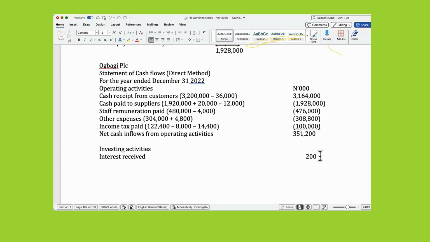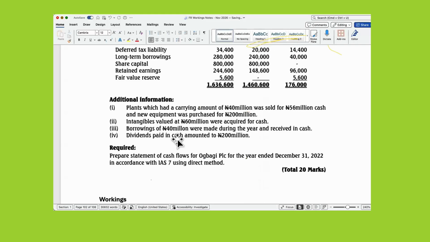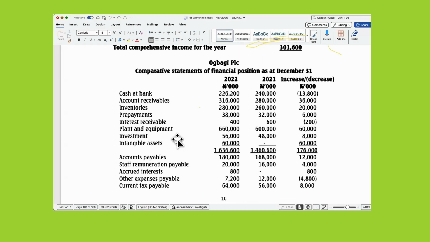And it's an inflow. What am I doing? 20,000 plus 200, and that's 20,200. And that's that.